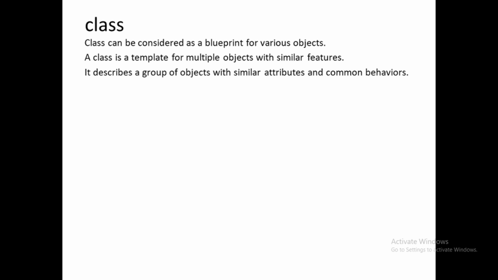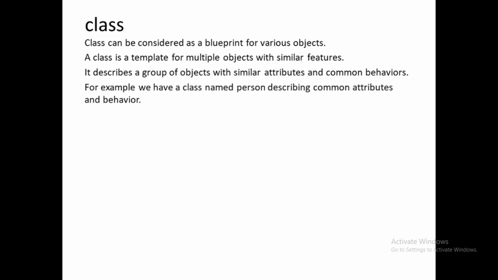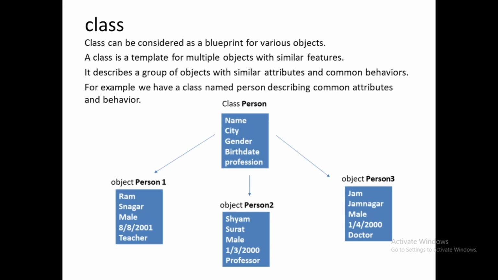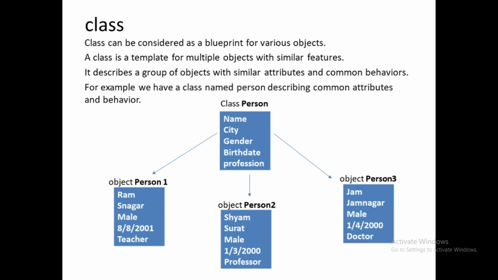So we can create a class and define various properties and methods, and accordingly we can give various states, or you can say values, and create several objects. For example, we have a class named person describing common attributes and behavior. Here you can see the name of the class is person, and various attributes are there: name, city, gender, birth date, and profession.